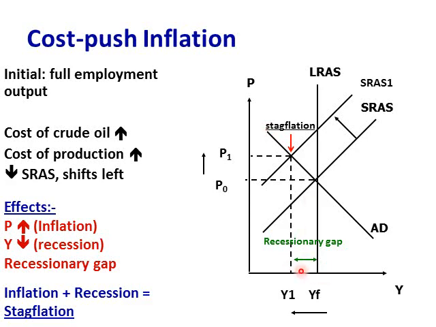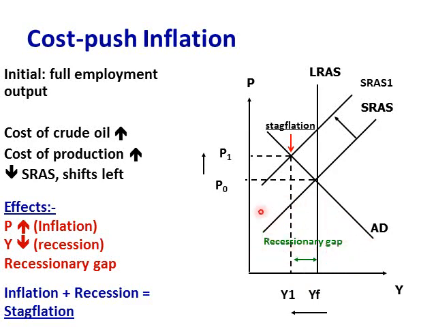Now after you have shifted to the stagflation point, you are producing lower than your full employment output. You learned from last week's lecture that when you're producing less than your full employment output, this difference in output level is called a recessionary gap.